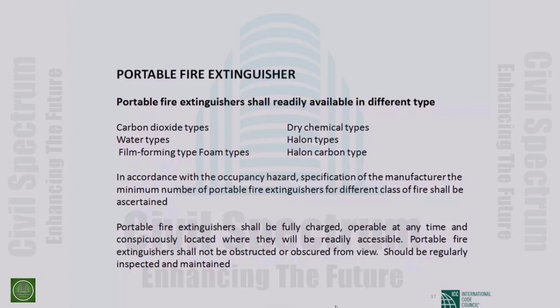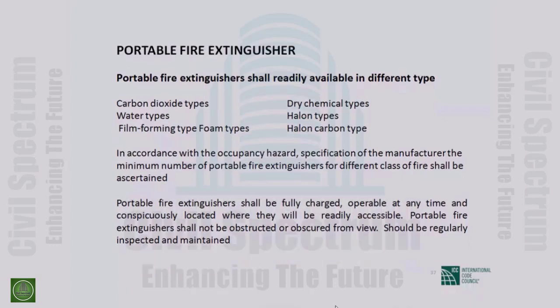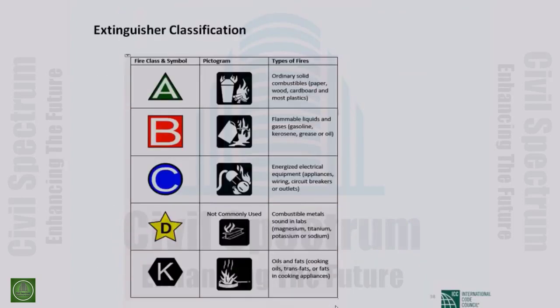So you have to test it regularly and accurately, and you have to position and keep the portable extinguisher in a place which will always be in front of the users. So there are different types of extinguishers which we call A, B, C, D, K, depending on the type of fire.